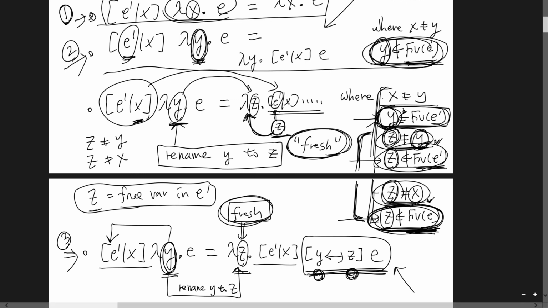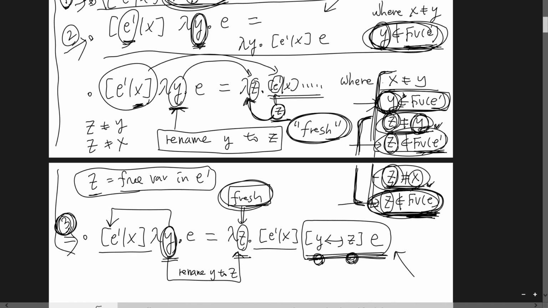So we have these three subcases when the expression here is a lambda abstraction. And remember that in the third case, we have this sixth extra condition. And here we introduce this swapping operation.